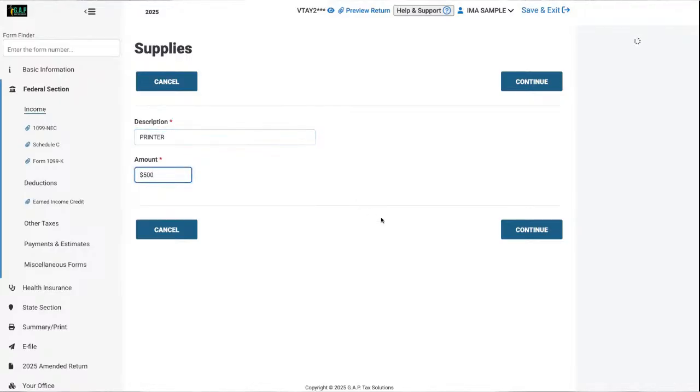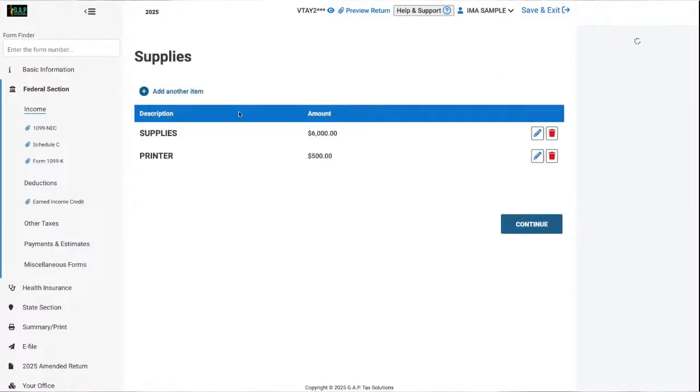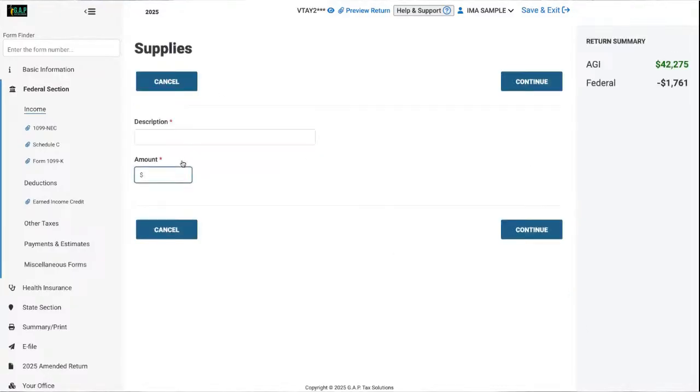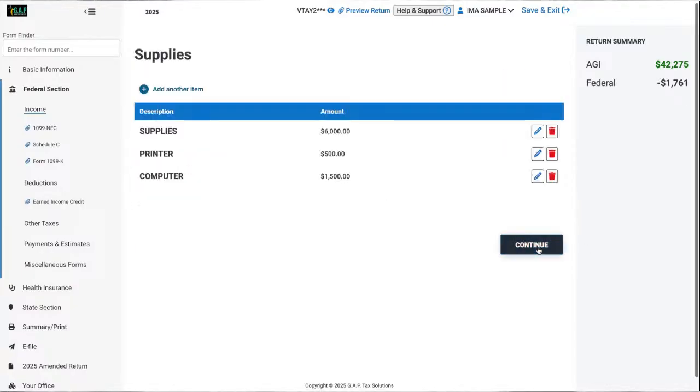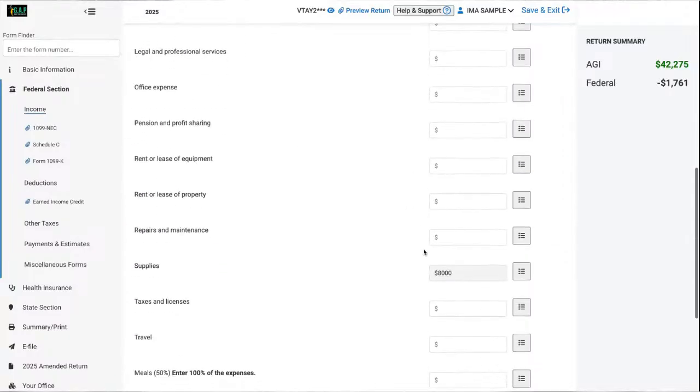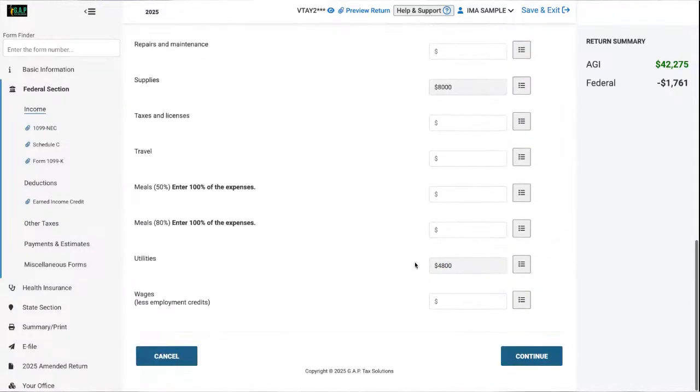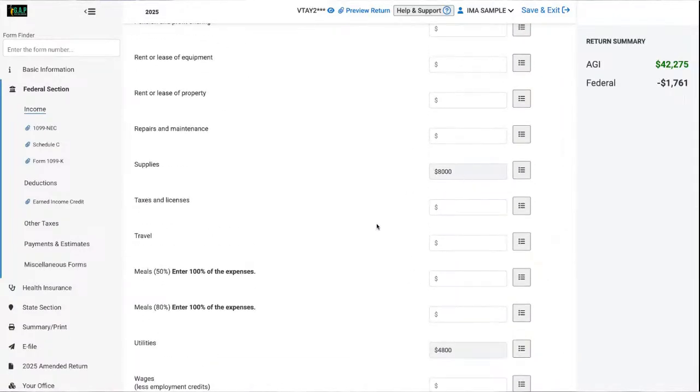So I'm going to put the printer down there. And it even says computer. Now, we're assuming that we have the receipts and the proper information to solidify these claims. But if you notice, this is all one category that I have now put under the supplies category, which they'll all be added and tabulated right here in this area.